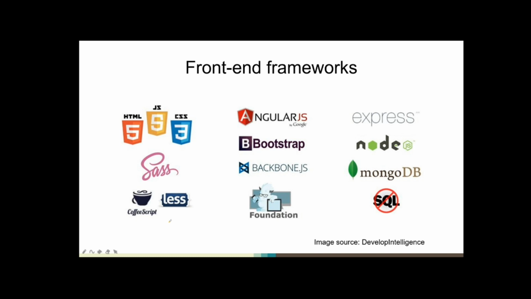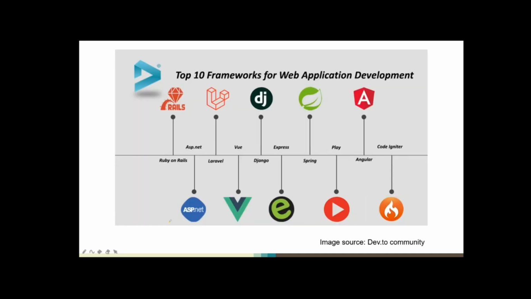Usually front-end frameworks work well with JS. And then for the back-end developers, we have here the top 10 frameworks for web application development. So we have Rails, Ruby on Rails, ASP, Laravel, Vue, Django, Express, Spring, Play, Angular, CodeIgniter.